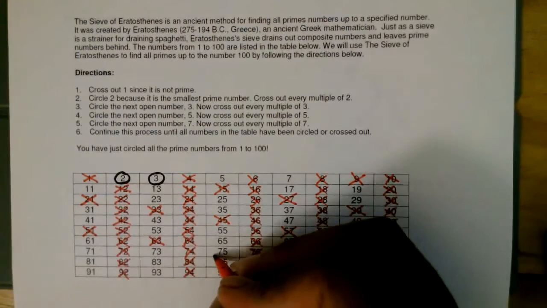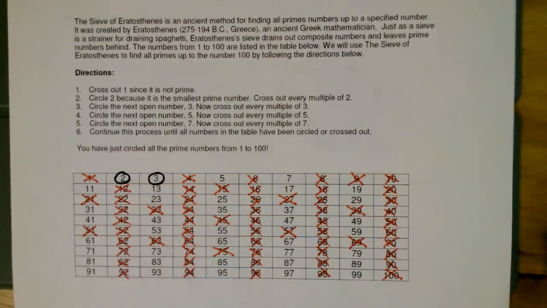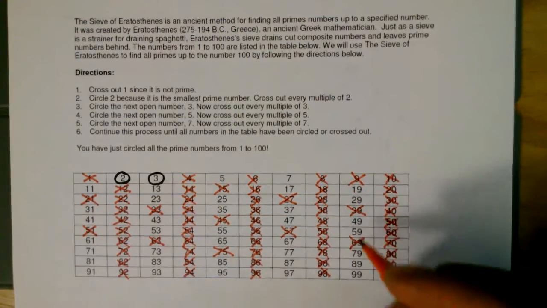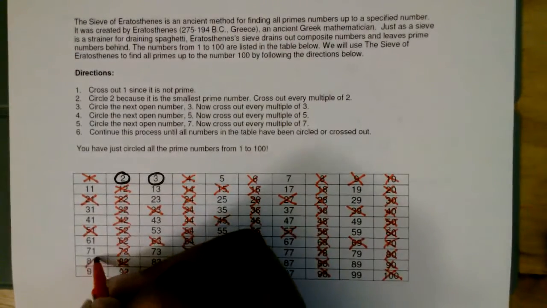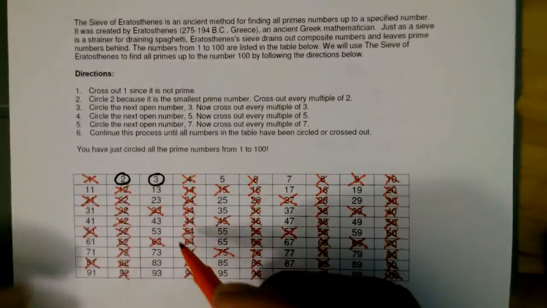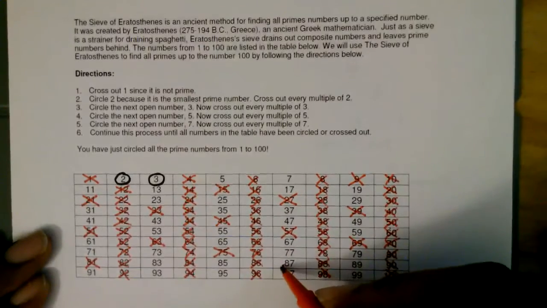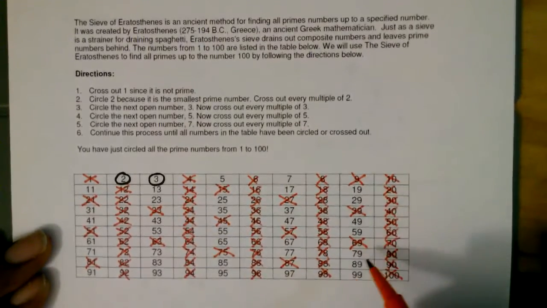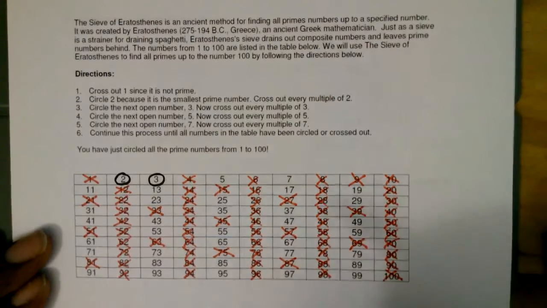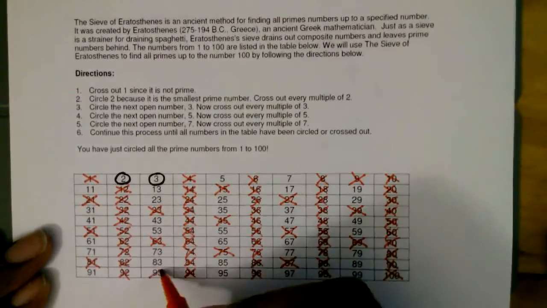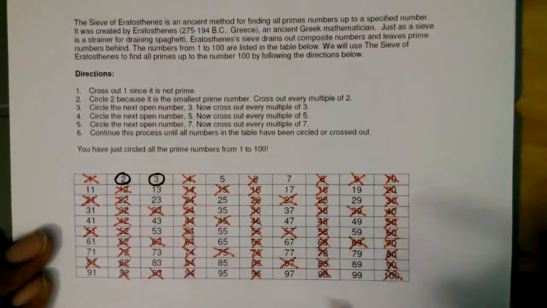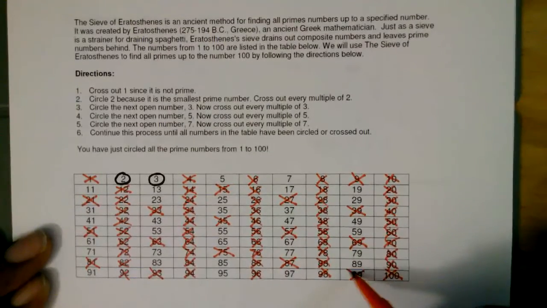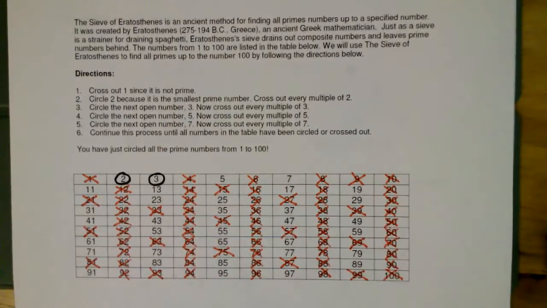We can cross out 75 because that's a multiple of 3. 78 is gone. 81 can be crossed out. 84 is already gone. 87 can be crossed out. 90 is already gone. 93 can be crossed out. 96 is already gone, and 99, we can cross that out. So those are the remaining multiples of 3.